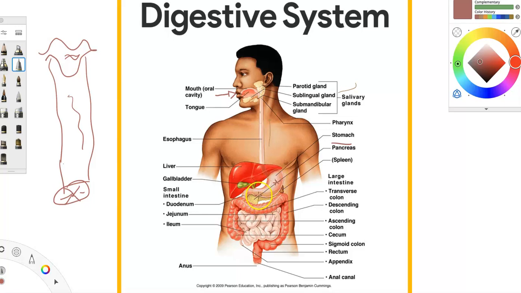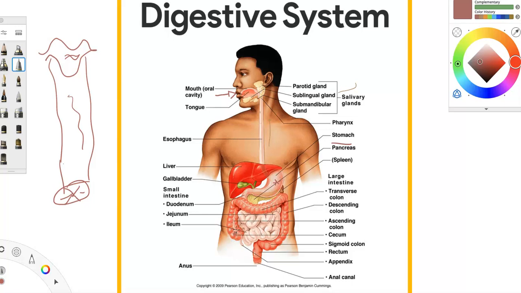and all the food is going to be sort of injected into this thing called the duodenum, which is the first section of the small intestine. Then it's going to go through the jejunum, the ileum, and then out the cecum into the large intestine, which starts here.